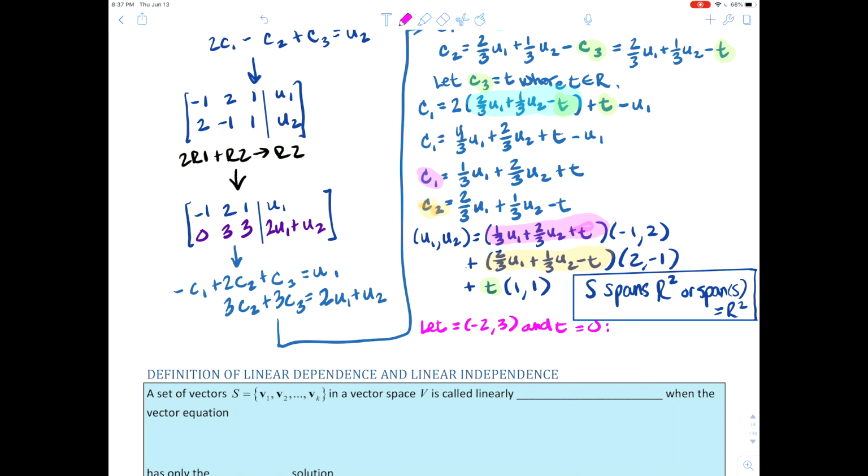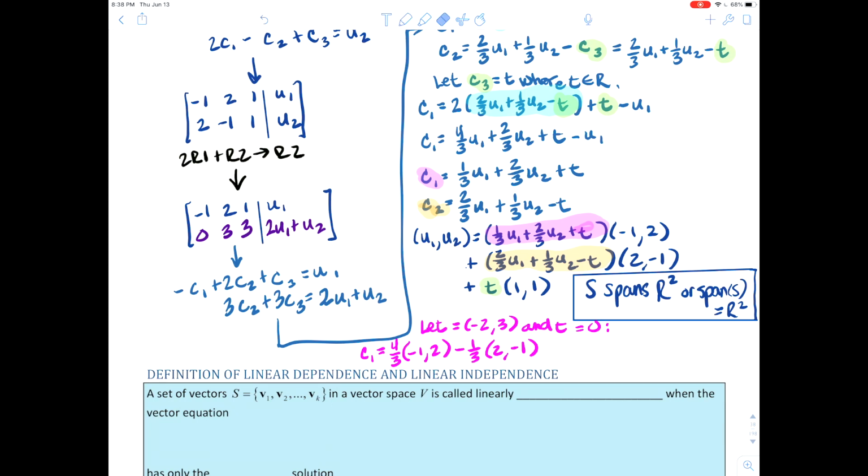Our C1 under those conditions would be -2/3 plus 6/3, which is 4/3, times the vector -1, 2. And then C2, plugging in U1 is -2 and U2 is 3, we'd have -4/3 plus 3/3 is -1/3, and then T is 0. So -1/3 times the vector 2, -1.